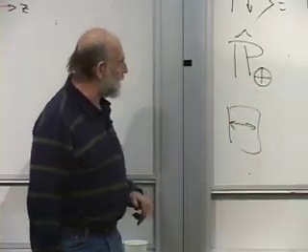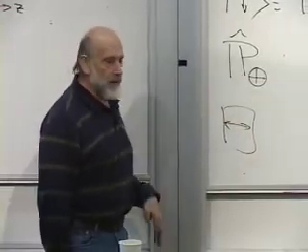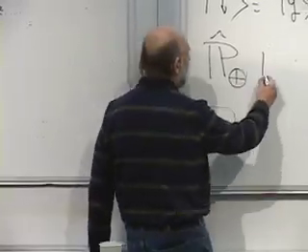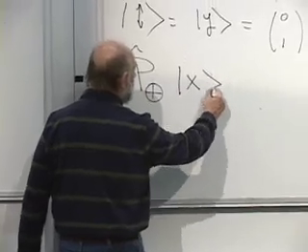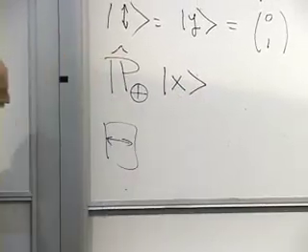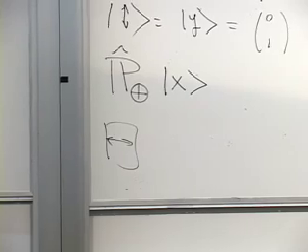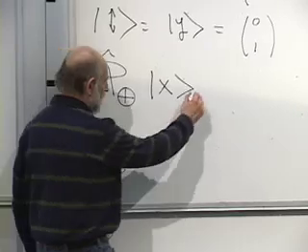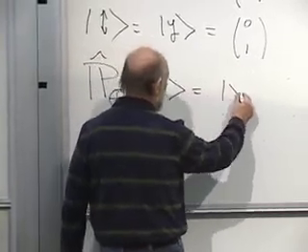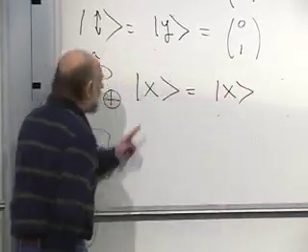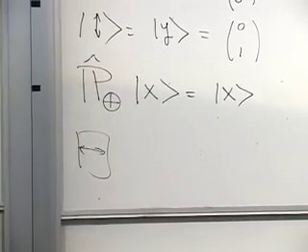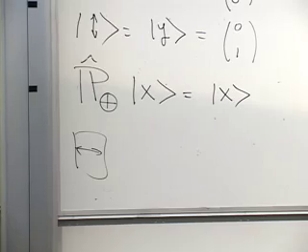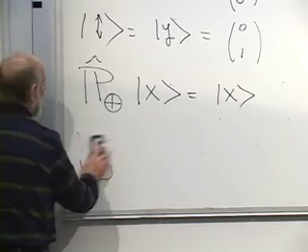And here's the way we define it as an operator. When it operates on a polarization along the x-axis, what does it give? +1 times x. In other words, x is an eigenvector of this polarization operator with eigenvalue +1. What about polarization along the y-axis?